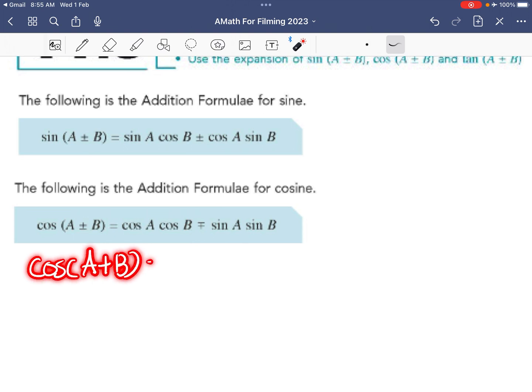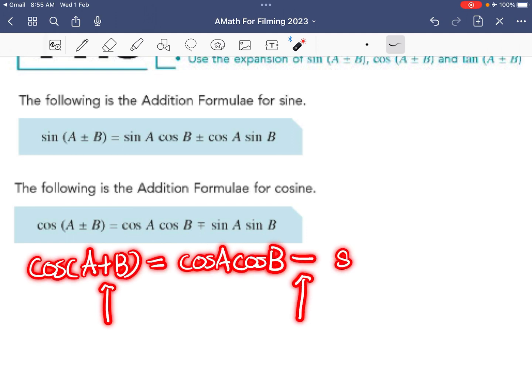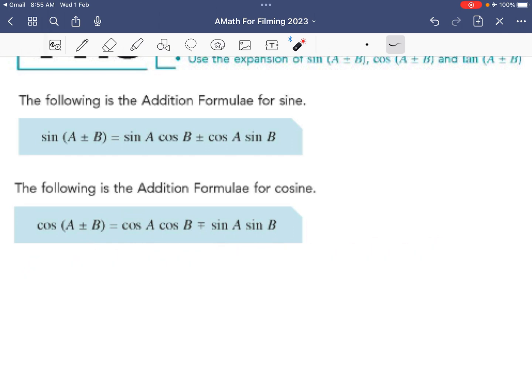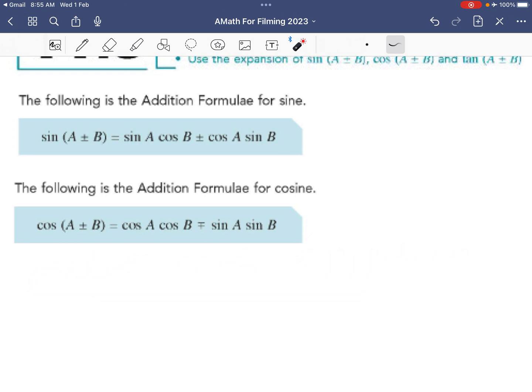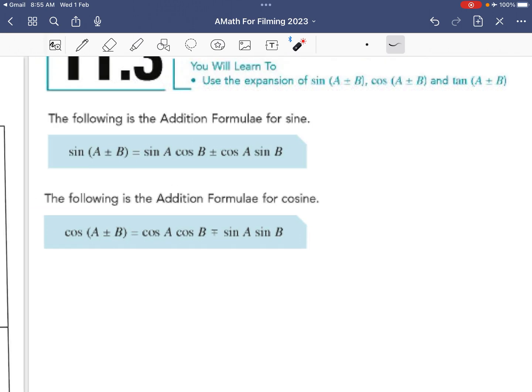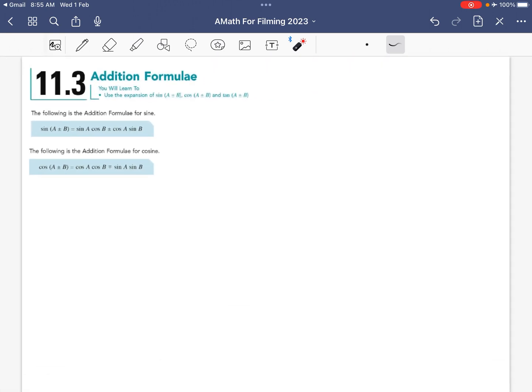What this implies is cosine of angle A plus angle B is equal to cosine A multiplied by cosine B, minus, notice that this is a plus and this symbol here is a minus, sine A and sine B. Similarly, cosine A minus B is cosine A cosine B, and instead of minus, this will be a plus, sine A and sine B. So just be very careful, the symbols are a bit small, so you may actually miss this out, for sine and cosine itself.